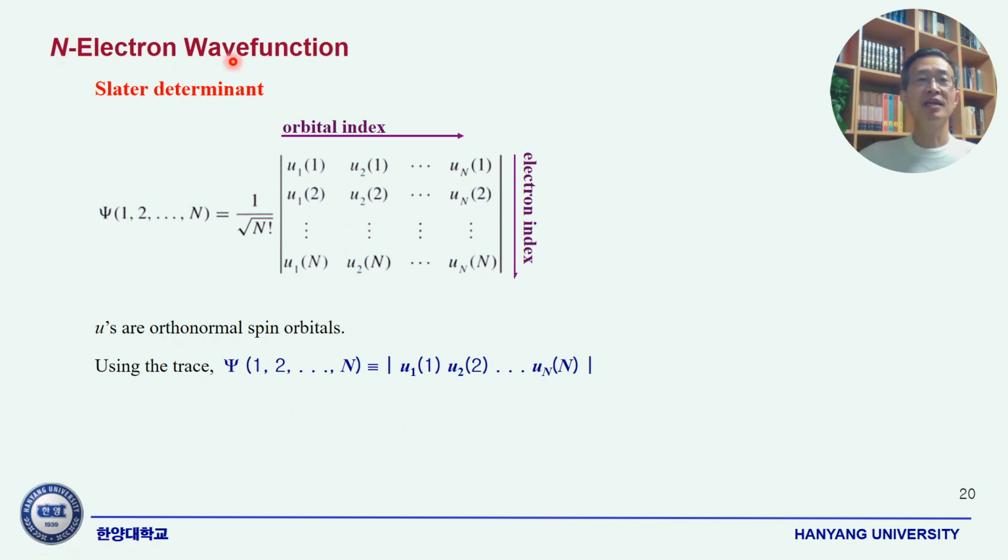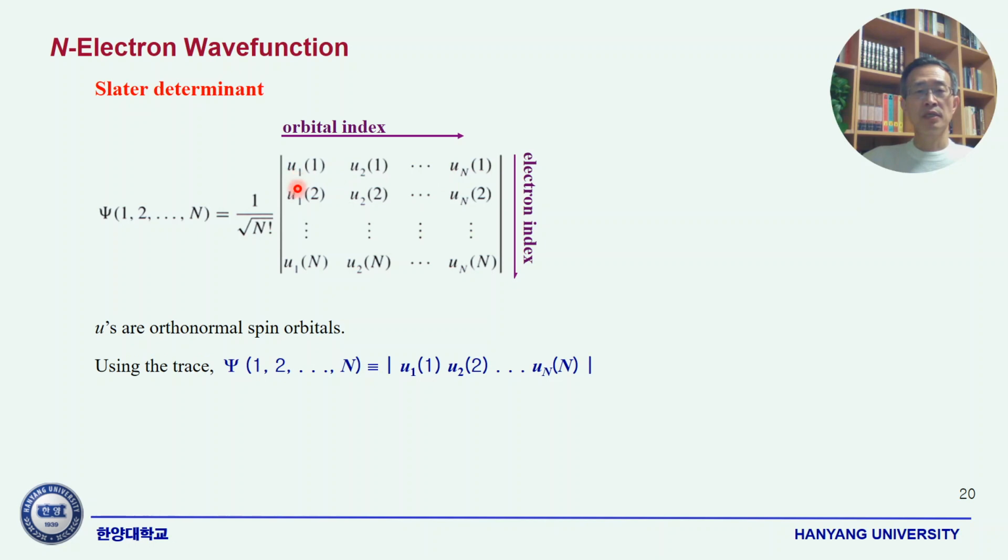So if you have n electrons, not two but more, the total wave function is easy to write as a Slater determinant: 1 over square root of n factorial, which is the normalization constant, and you could use a small u. u1 is the first orbital, u2 the second, and un the nth orbital.